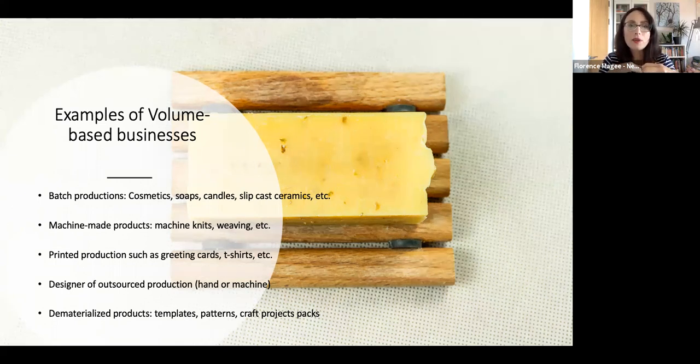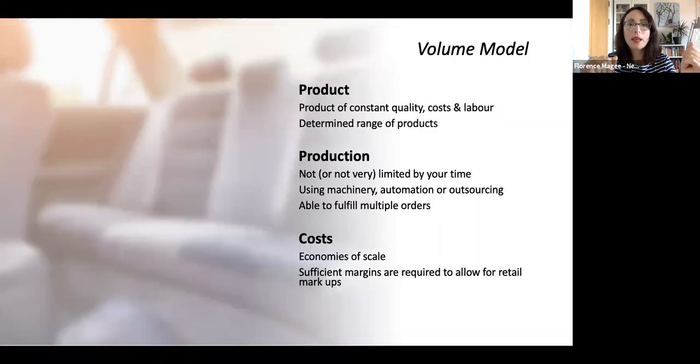Definitely any time that you are acting as a designer but not directly involved in the production, this is a volume model because you can increase your production. So the printed production, outsourced production, and then dematerialized products if you're doing patterns or templates that are selling online. In this model, the product is determined, you know your range, it is available, and you know how much it costs you to produce.